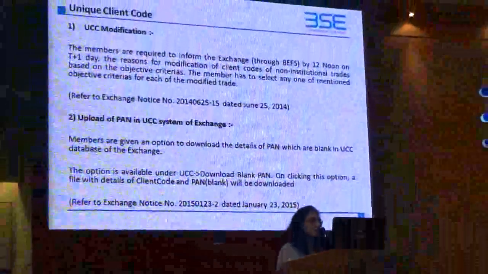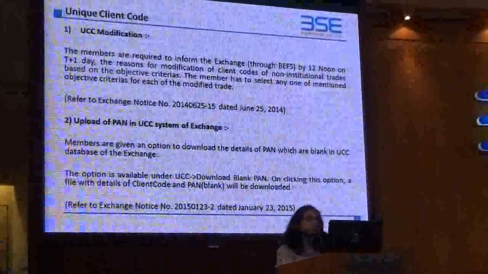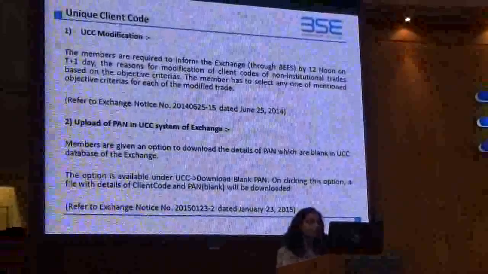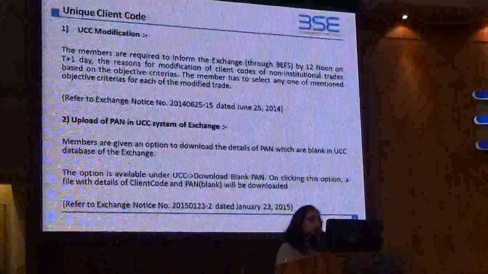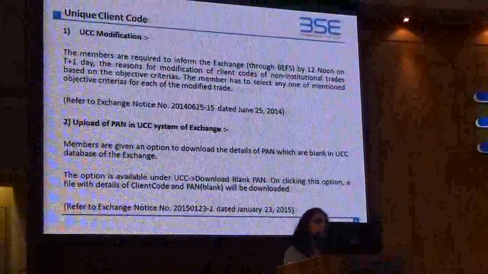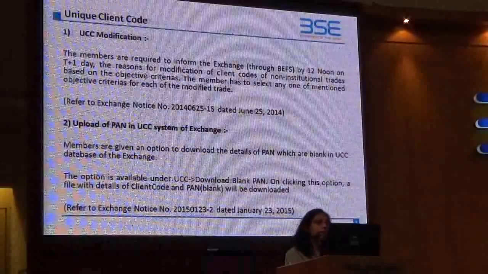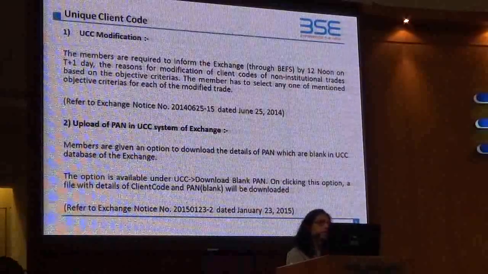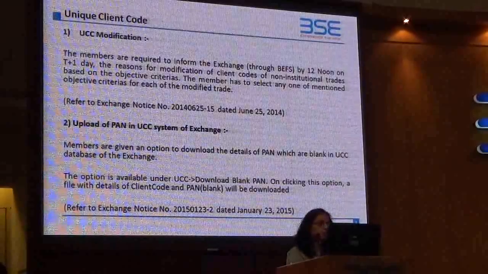Basically, now we will be talking about the recent compliance notices issued by SEBI and BSE. Recently, we have made a change: the UCC modification reasons, which you need to update in BFS, can be updated by next day 12 o'clock noon.